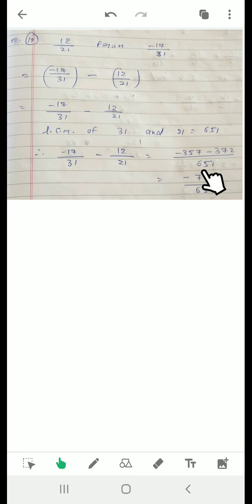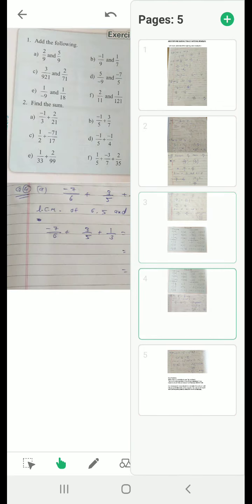Similarly, 651 divided by 21, we will get 31. 31 multiplied by 12, we will get 372, with the minus sign. Then both numbers are negative, so we will add, and the answer will be minus 729 upon 651.